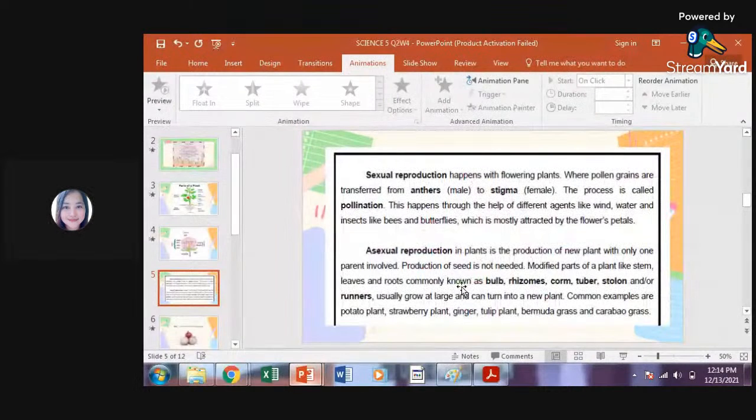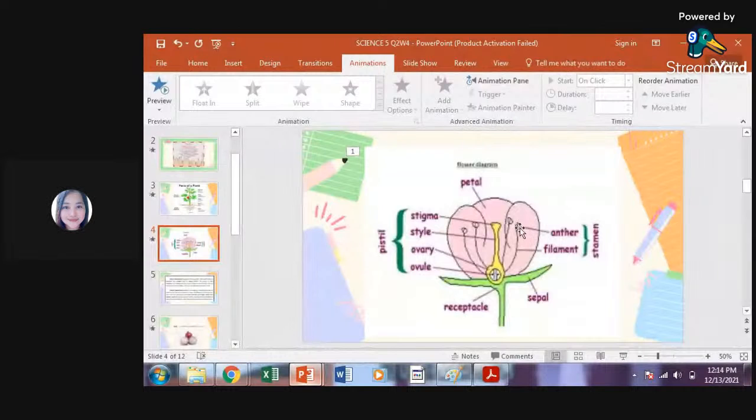So let's talk about sexual reproduction and asexual reproduction in plants. Sexual reproduction happens with flowers. Let's go back here. The transfer of pollen from anther here to stigma there is called pollination.